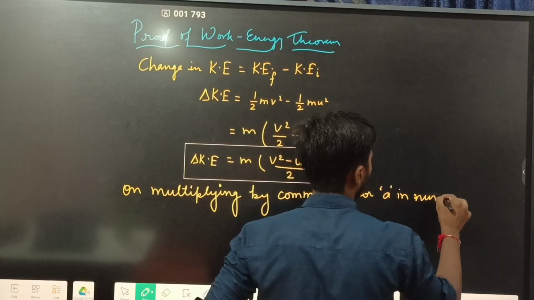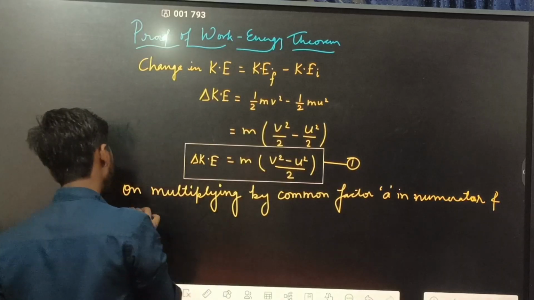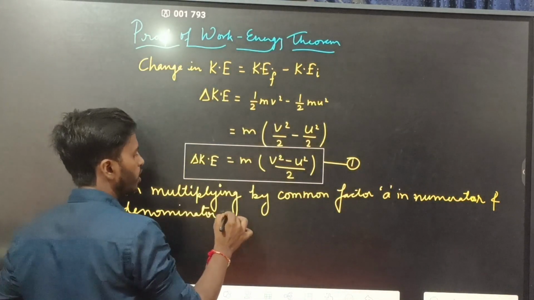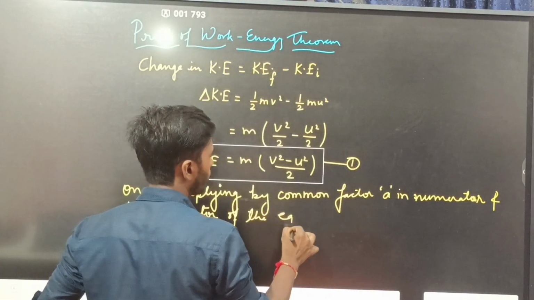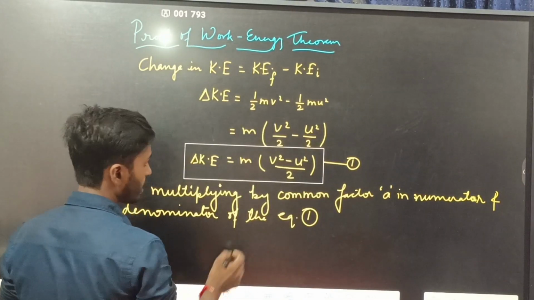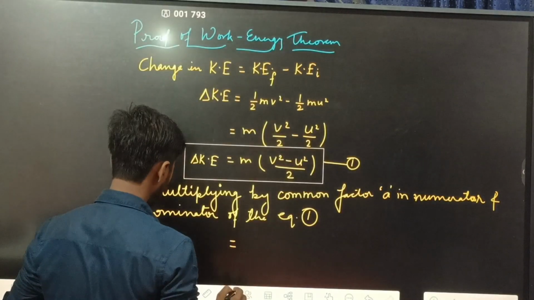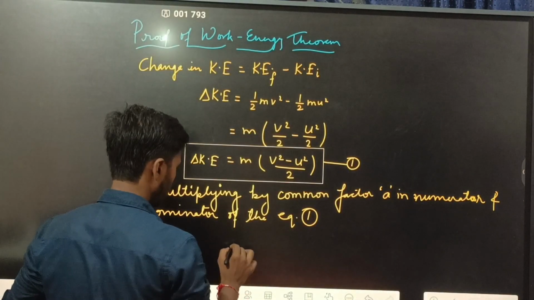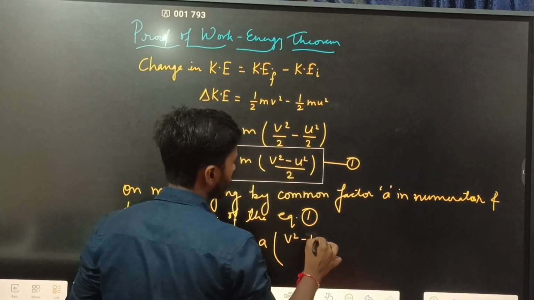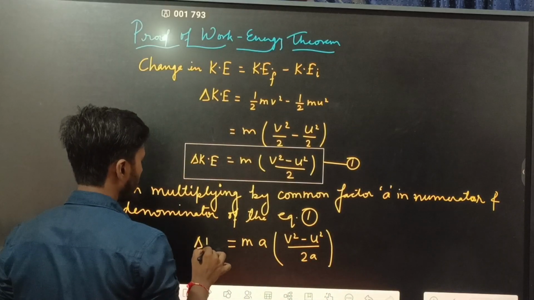In the numerator and denominator of equation 1. Okay, so let's multiply the numerator and denominator of equation 1. So this equation becomes m into a, m into a and v square minus u square upon 2a, right? This is the delta KE.